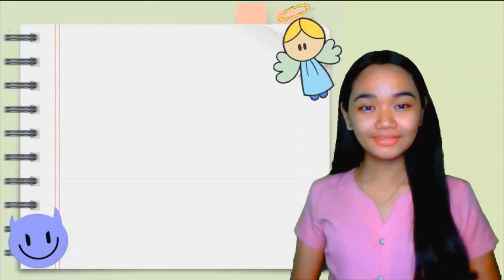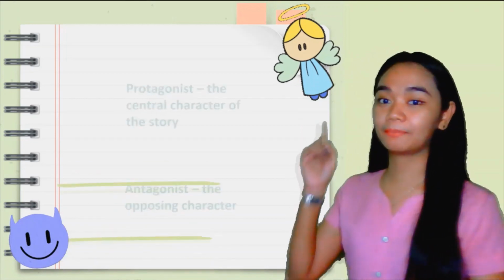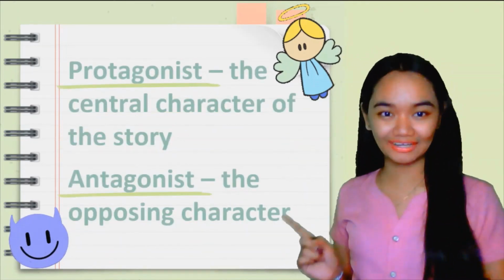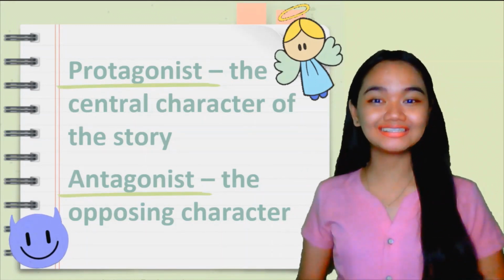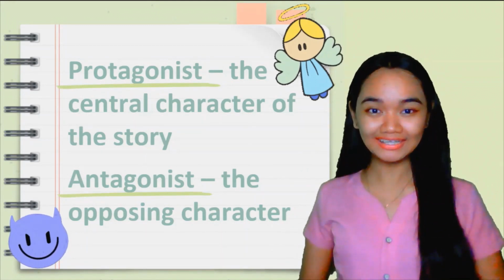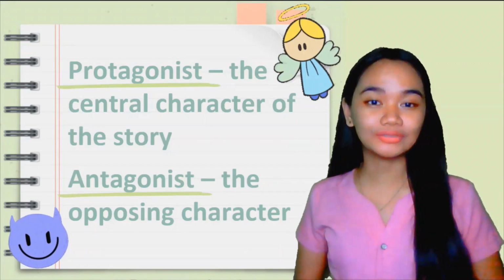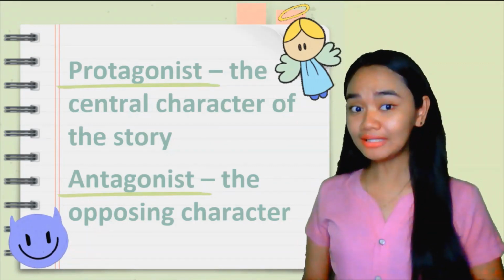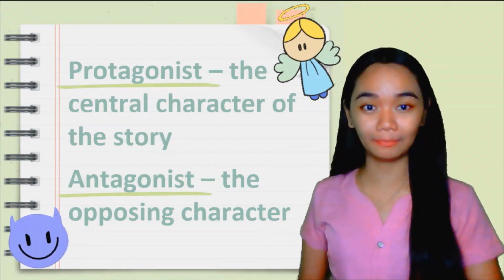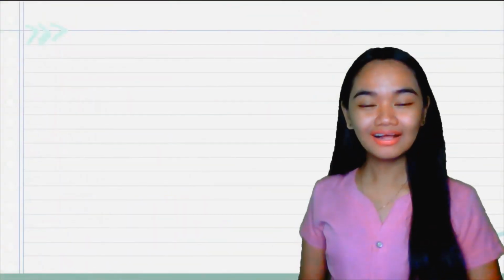In every story, there's a conflict between a protagonist and an antagonist. Protagonist is the central character of the story, and the antagonist is the opposing character that we usually hate because they cause problems.